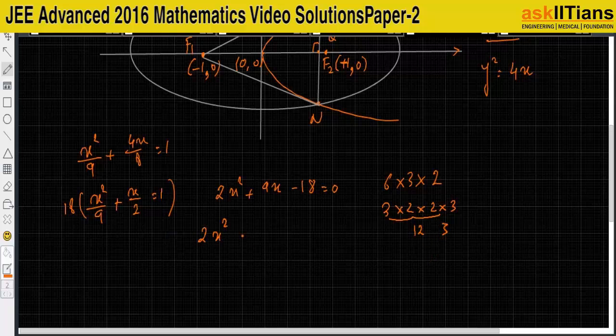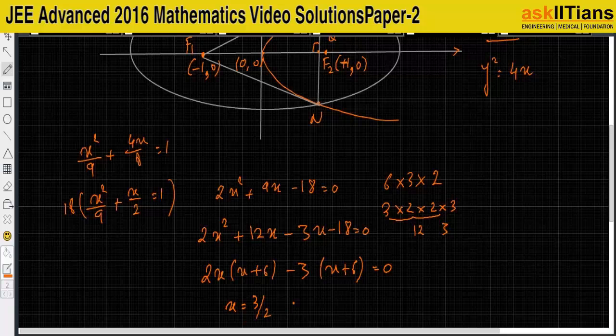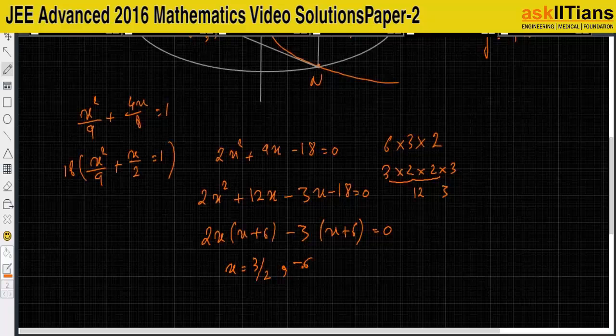So 2x square plus 12x minus 3x minus 18 equal to 0, right? So 2x common, x plus 6, minus 3 common, x plus 6 equal to 0. So from here I'll get x equal to 3 by 2 or x equal to minus 6.